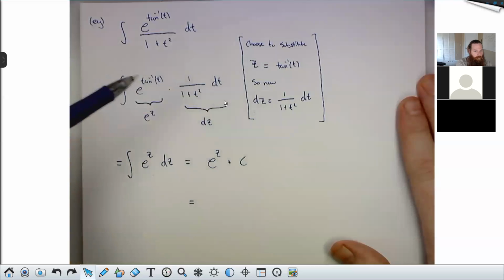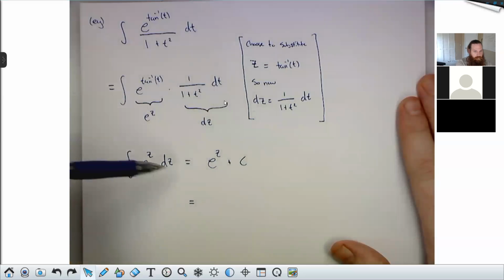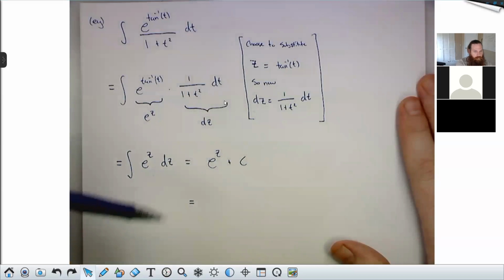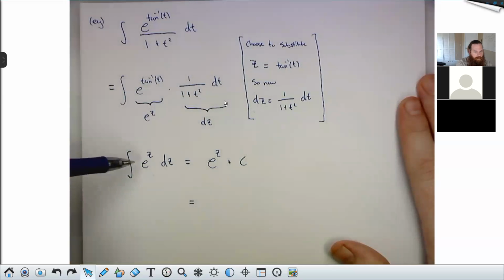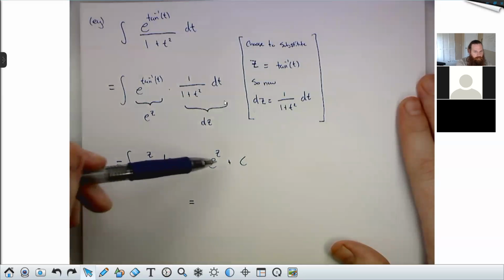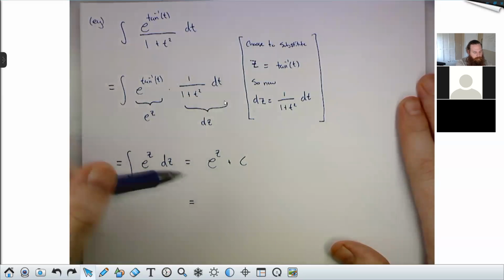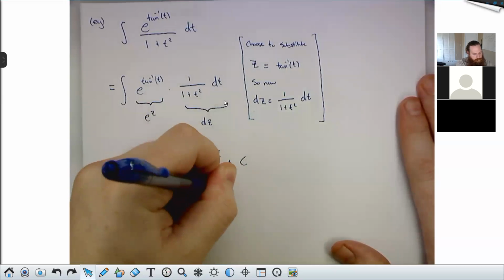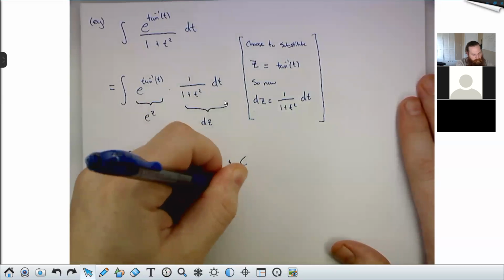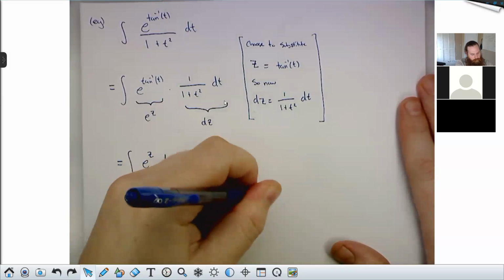So your integral becomes the integral of e to the z dz. I know how to do that integral. If I differentiate e to the z, I get e to the z. So this is e to the z plus c. And now I go back to my original variable. So that's e to the inverse tangent of t plus c.